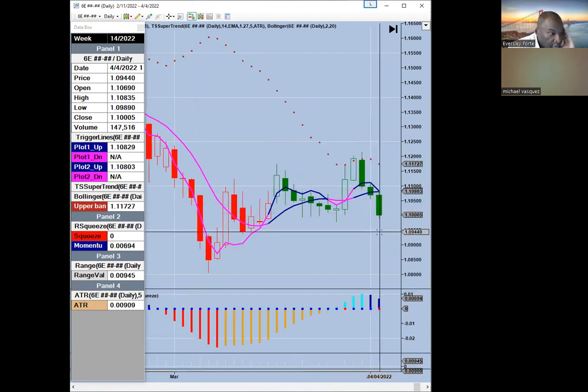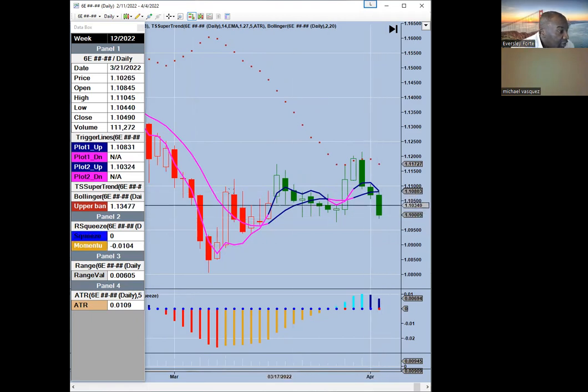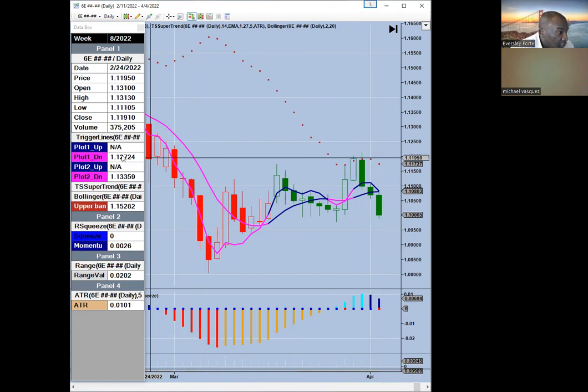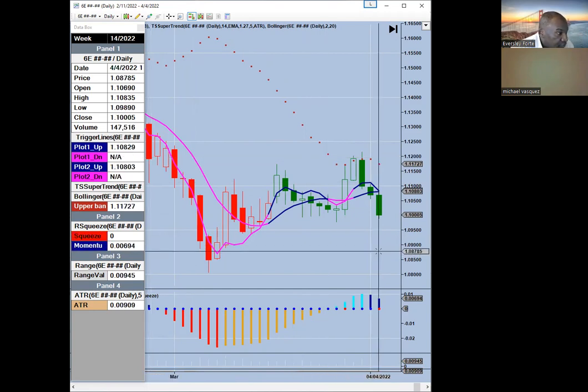The next day, plot 1 looks like it might be crossing below plot 2. Since I can't tell with my eyes just looking at this, I look at the data box on the left side of the chart. The value of plot 1 is still higher than the value of plot 2.